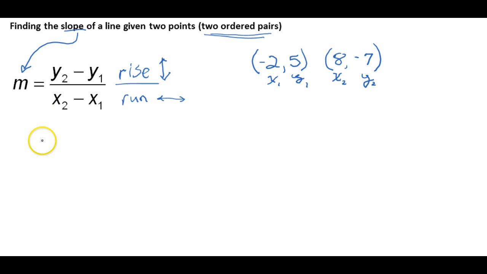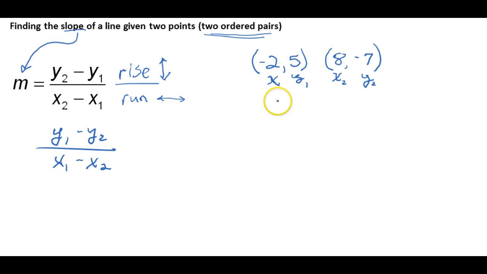Essentially, this formula could also be written as y1 minus y2 over x1 minus x2. The order doesn't matter because I could have traded places with those ordered pairs. What does matter is that whatever y you pick to go first, you have to pick the x that goes with it in the ordered pair. That's the only thing that really is essential.